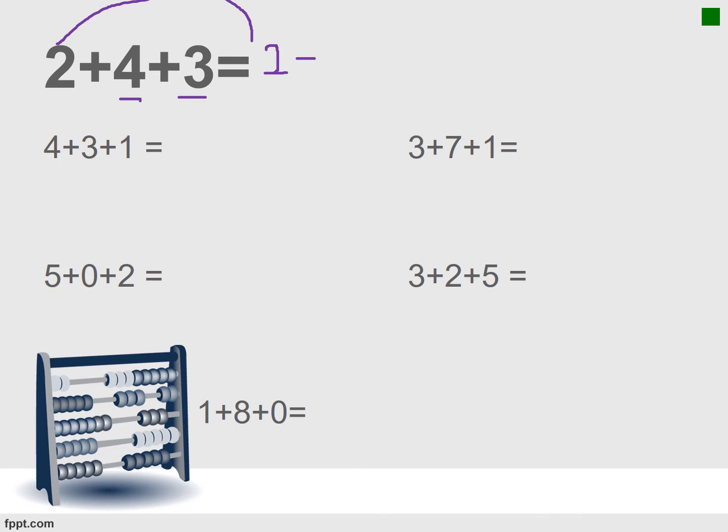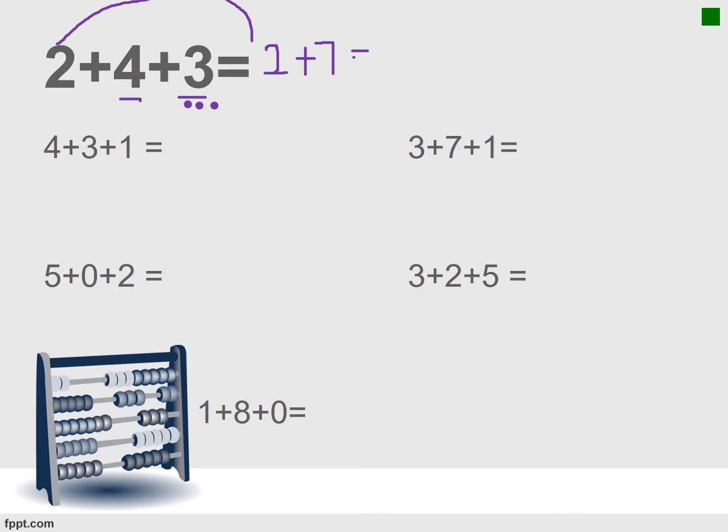Plus, and what should we do now? We should add number 4 with number 3. So 4 plus 3. 4, 5, 6, 7. 4 plus 3 is 7.